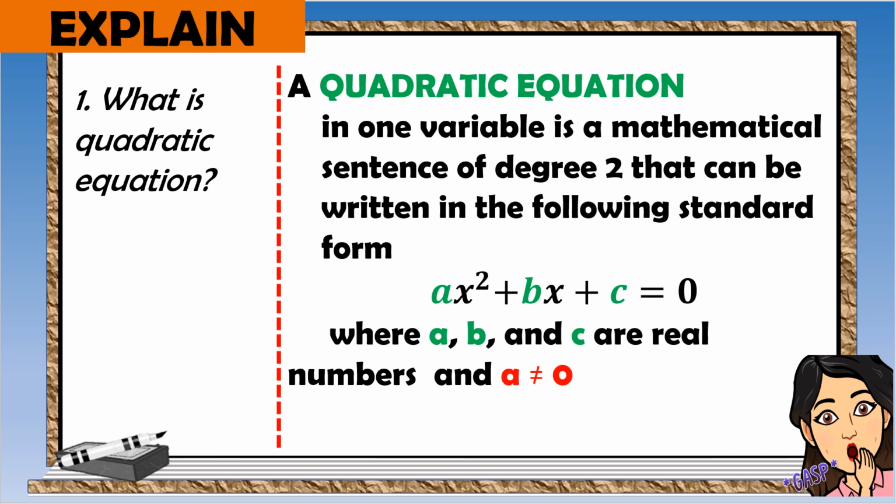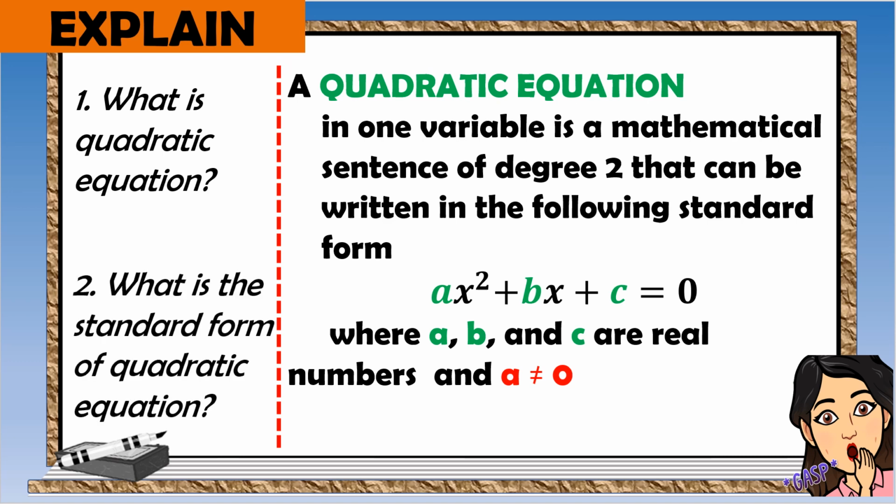A quadratic equation in one variable is a mathematical sentence of degree 2 that can be written in the following standard form: ax squared plus bx plus c equals 0, where a, b, and c are real numbers and a is not equal to 0.